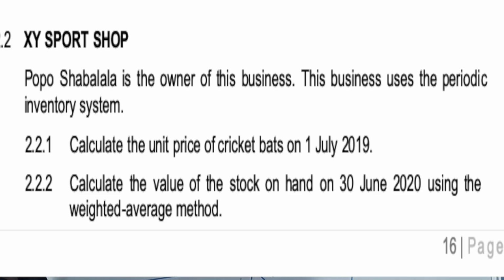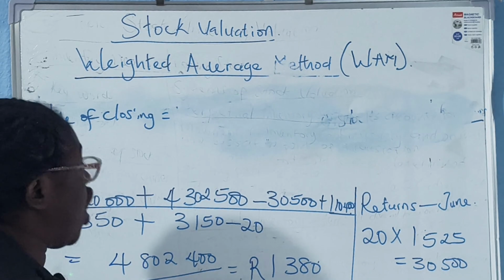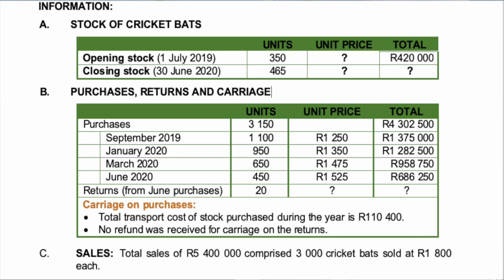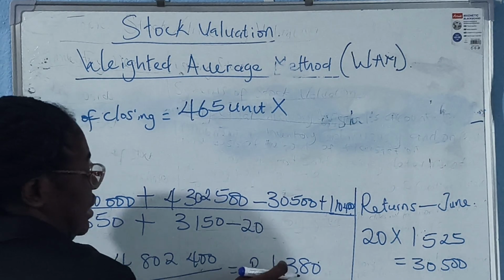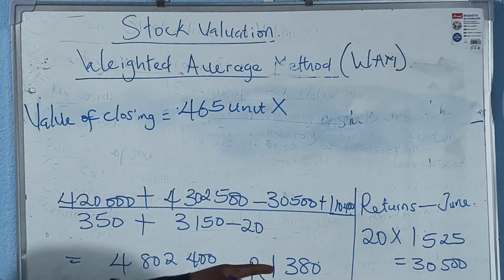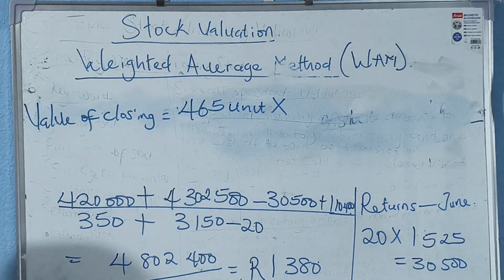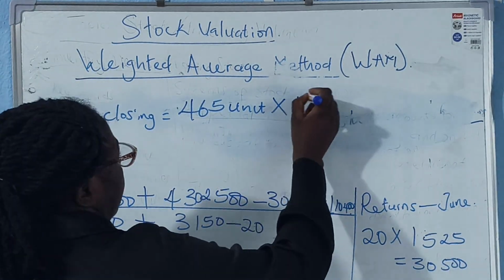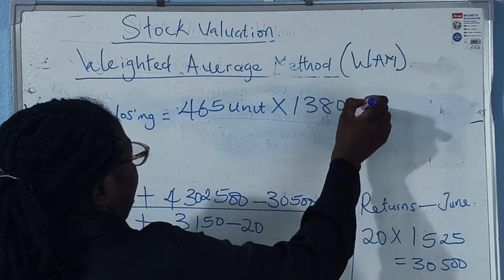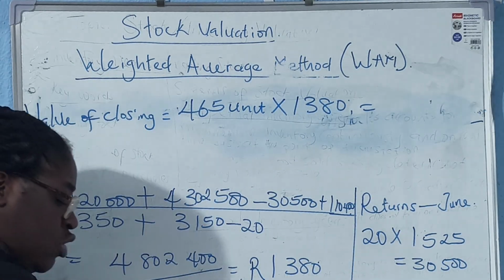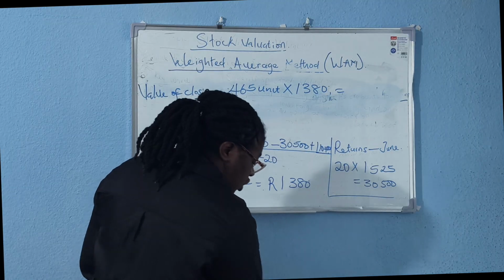If you check the question, the number of our closing stock is 465. So 465 units multiplied by the average price per unit, which is 1,380. Then you get the value of your closing stock.